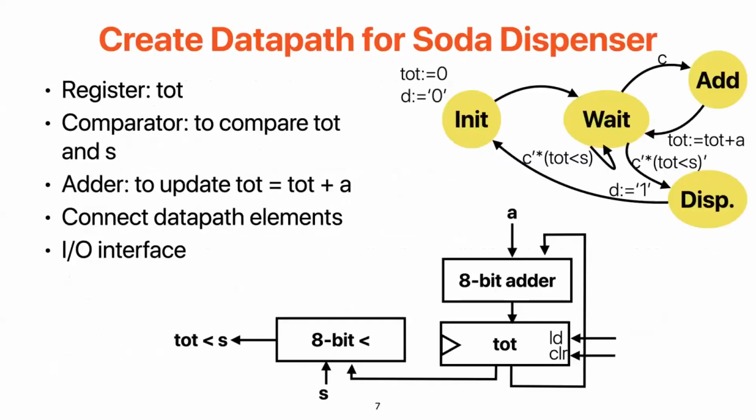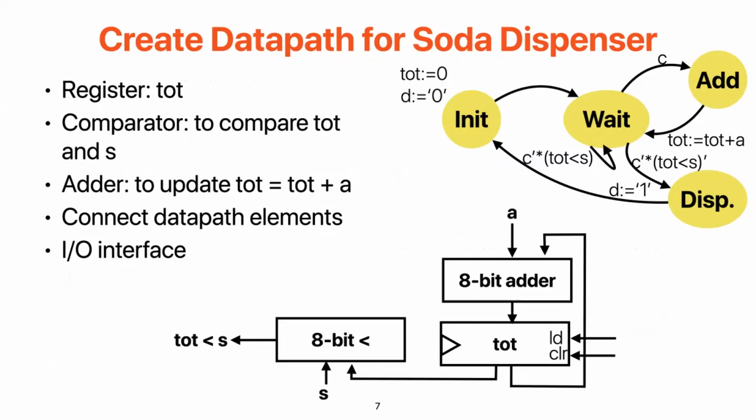And we talk about the soda dispenser, right? In the very beginning, you put no money in there, and you go to that soda dispenser, you figure out that I need to put, say, $1.25. And then you gradually put your coins or your bills in there.